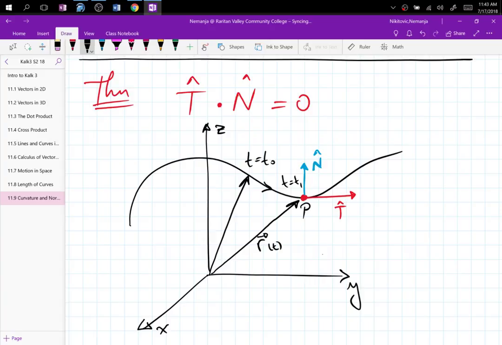Whatever amount of time passes to get from point Q to point P, the motion on this graph is to the right. So the tangent vector is pointing to the right, and the normal vector is pointing inward, because that big circle we talked about would be filling in on that side, so it's pointing towards its radius.